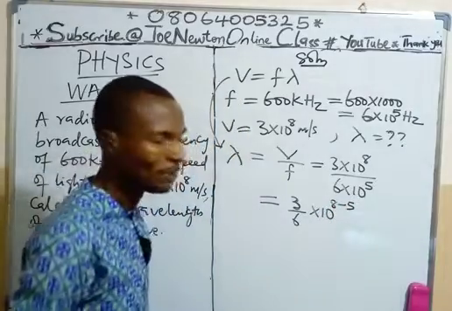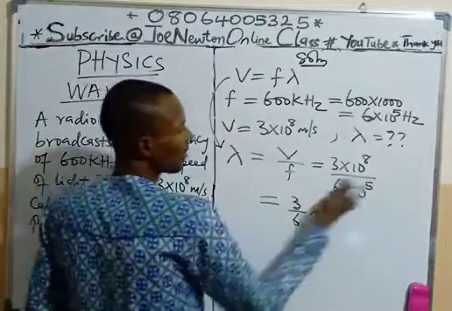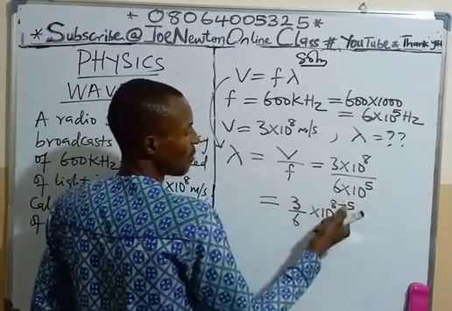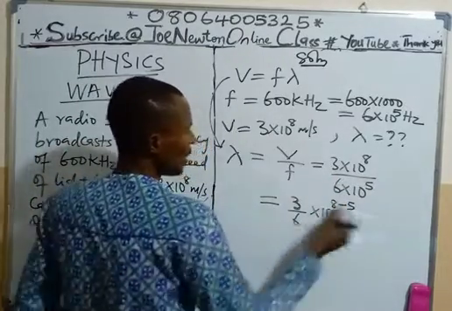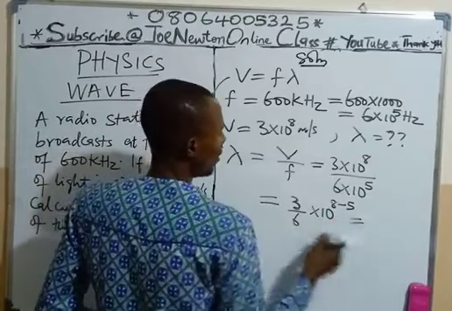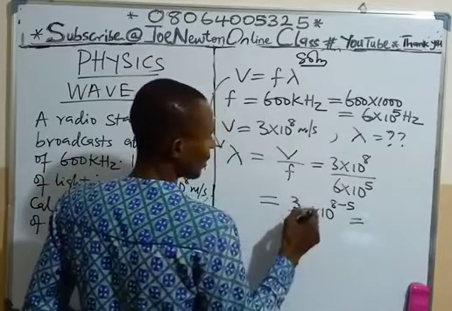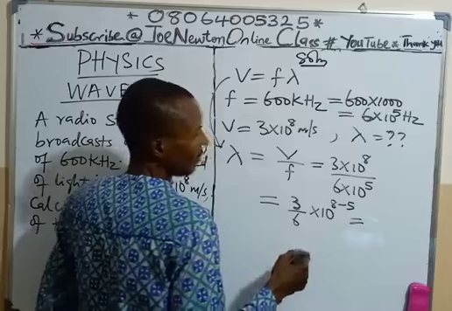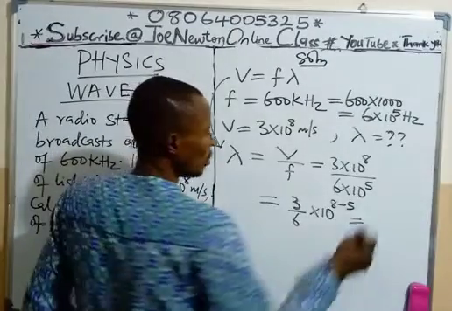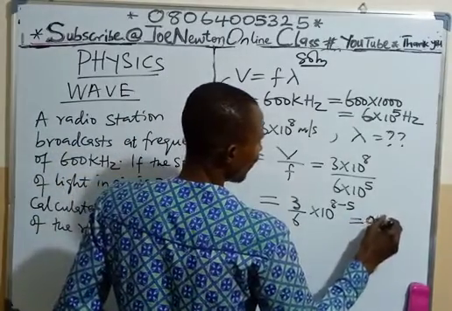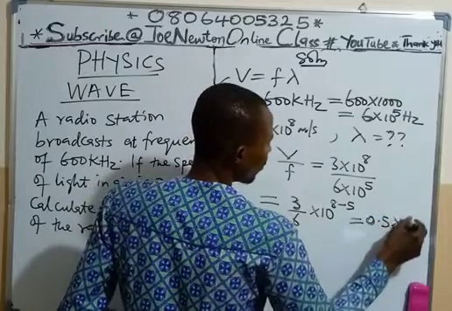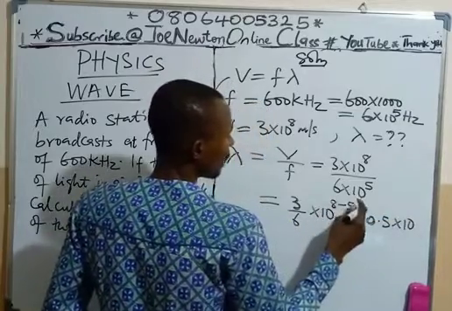Because in standard form, division, the quotient line, is minus in power. So 3 over 6 is 0.5, that is 1 over 2. So we have 0.5 times 10 raised to power 8 minus 5, which is what?